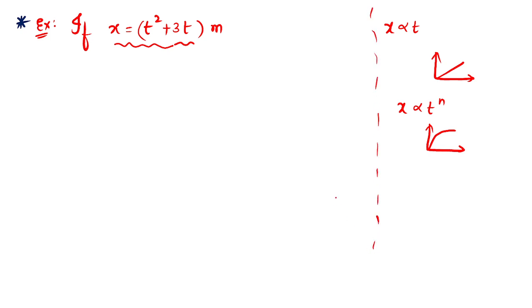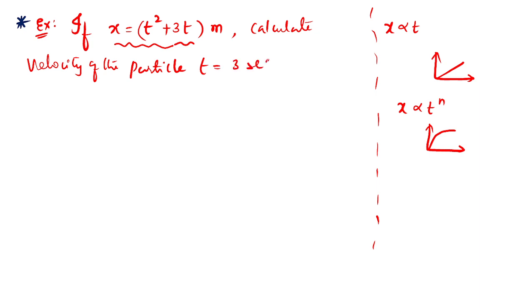Yes or no? So whenever we are driving a bike, we will not go straight. What will we do? We'll change the direction. We'll decrease speed, increase speed, all those things we'll do, right? That is the question. So if x is equal to t square plus 3t meter, calculate the velocity of the particle at t is equal to 3 seconds.